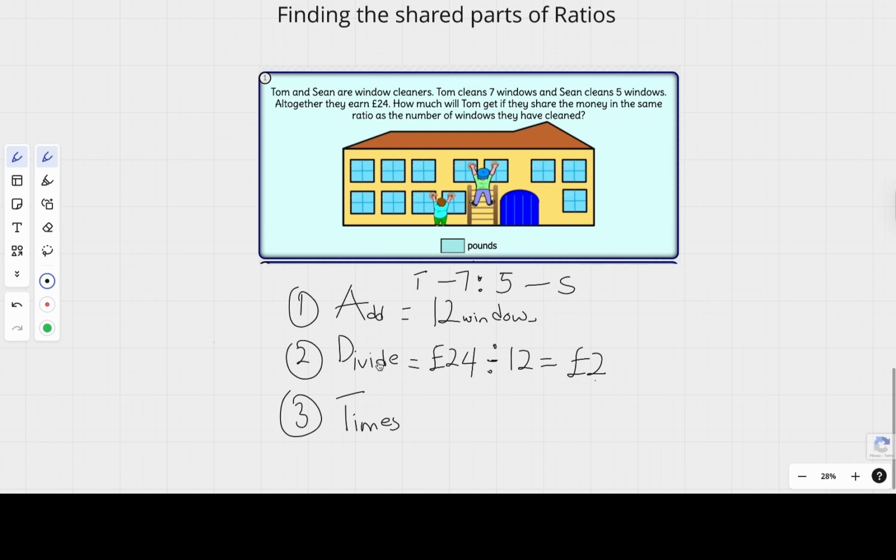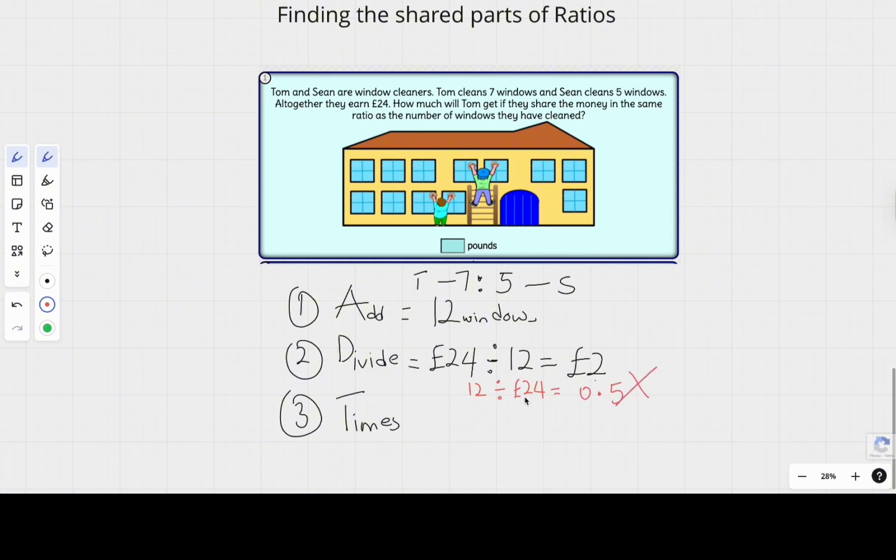This is where I want us to pay attention. A lot of times I've seen students do this division wrongly. I've seen students write this as 12 divided by 24. If you put this on the calculator, it's going to give you 0.5, which is wrong.